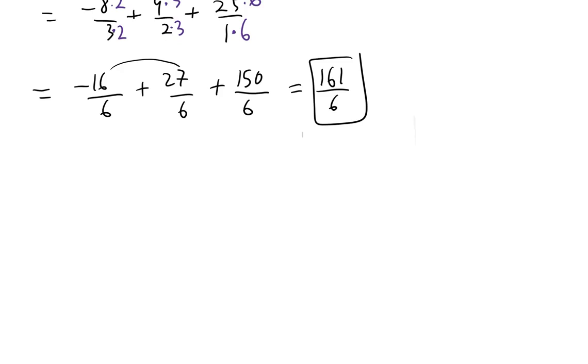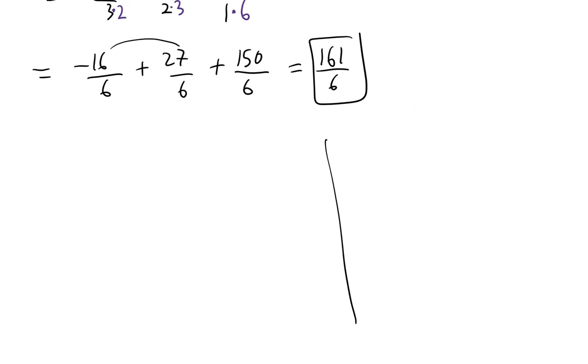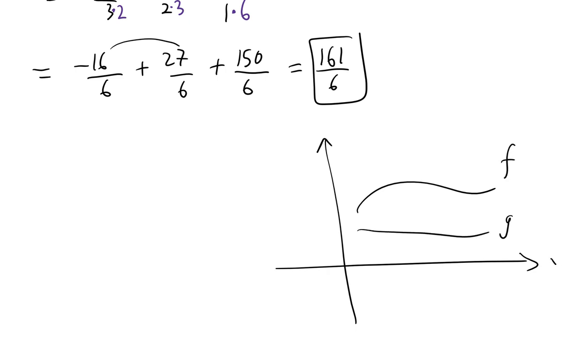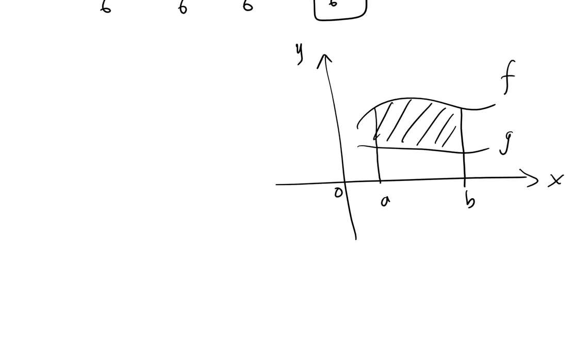Now, sometimes if we have, let's say, two functions, say this is f and another function g, from a to b, let's say. So we want to find the area of this region bounded by two graphs.